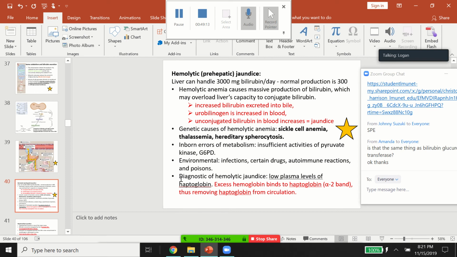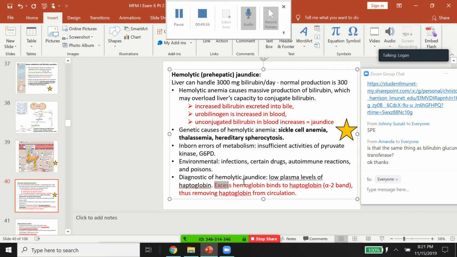Low plasma levels of haptoglobin. Haptoglobin is just another protein that wanders in the blood. If you have too much hemoglobin, which would happen in this case because you're not able to get rid of heme, and therefore you won't be able to get rid of as much hemoglobin, then excess hemoglobin binds to haptoglobin, thus removing haptoglobin from circulation.